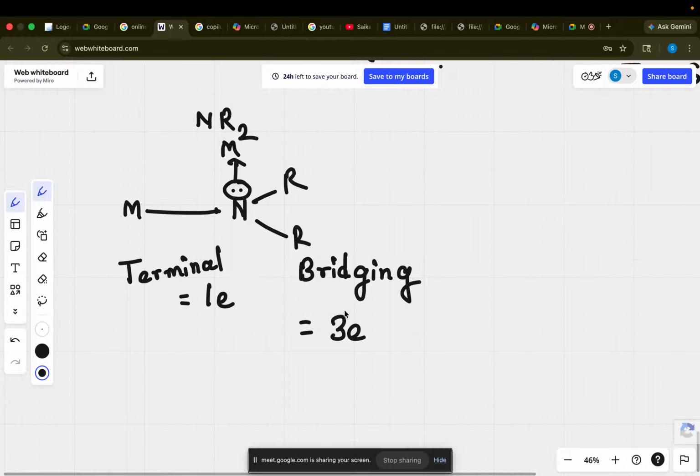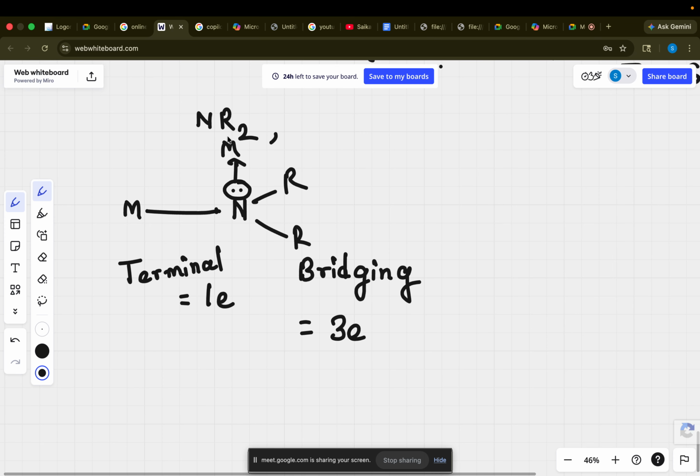You have to do the total electron count. When you do the 18 electron rule, you have to count the total electrons. So if NR2 is acting as a terminal ligand, it is donating 1 electron. If it is acting as a bridging ligand, it is donating all 3 electrons. Clear?